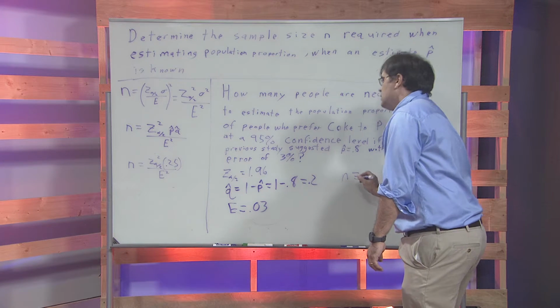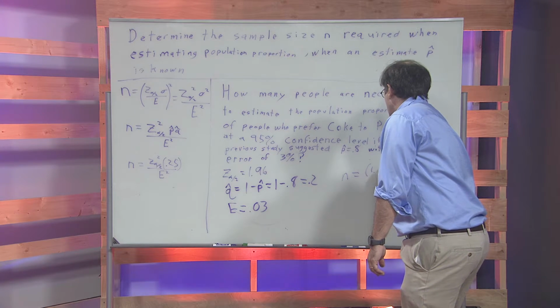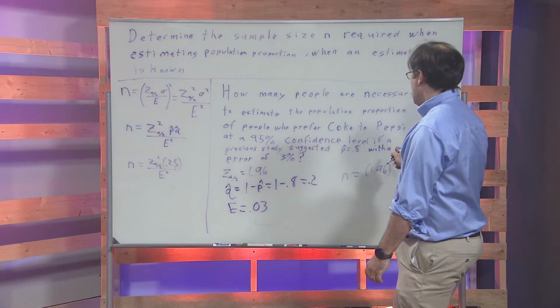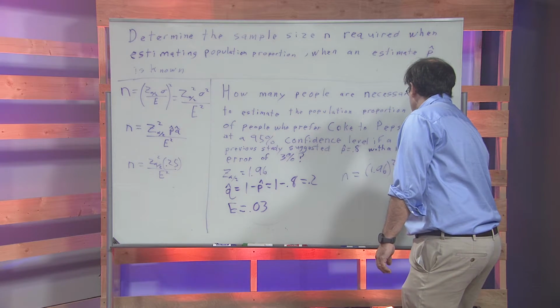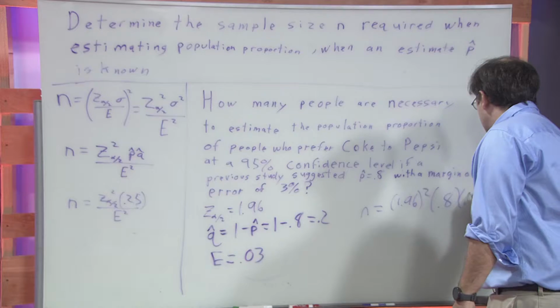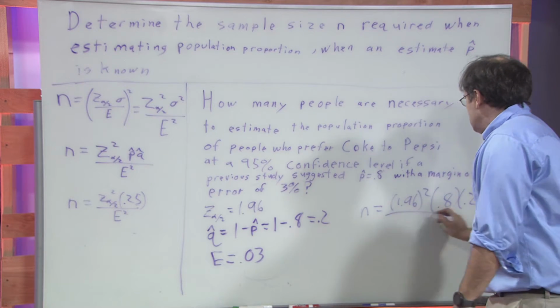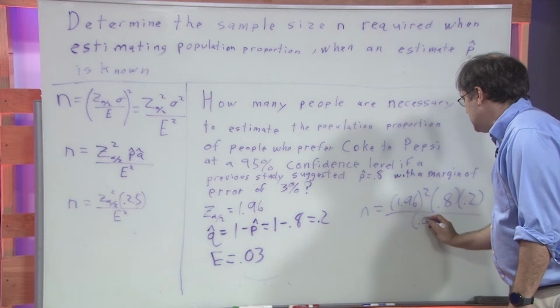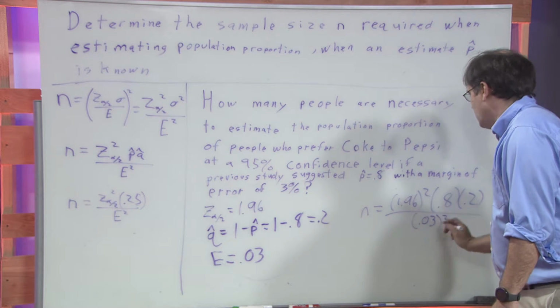N equals 1.96 squared times p hat, which is 0.8, times q hat, which is 0.2, divided by e squared, which is 0.03 squared.